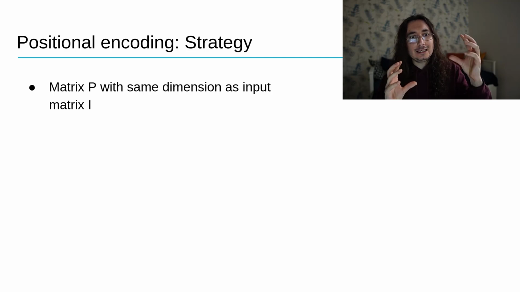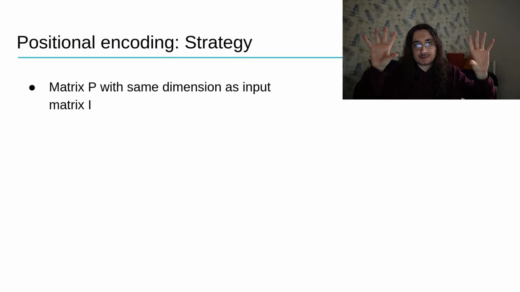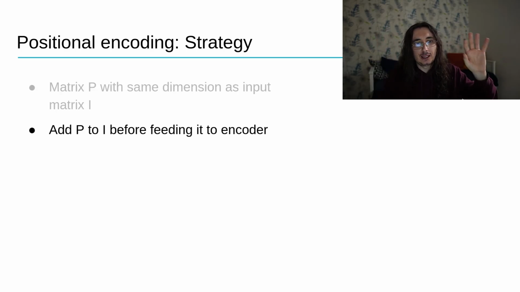We get a matrix, we're going to call it P, positions, or PE, positional encoding. And this is going to have the same dimension as the input matrix I. So we have two matrices with the same dimension, and we are going to add them up, element by element.